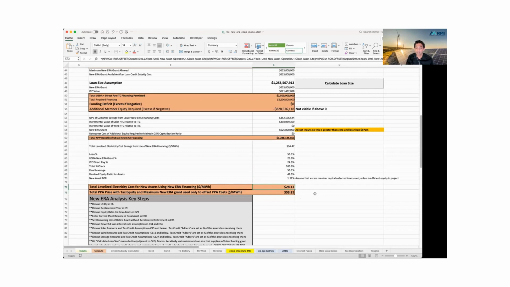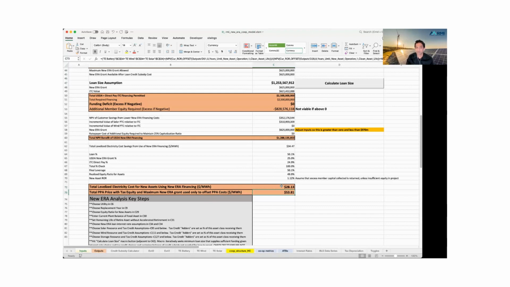What we find here is that the New Era financing as a package is much more cost effective than the use of a PPA. And that's the bottom line, though that bottom line will shift depending on the particular portfolio.